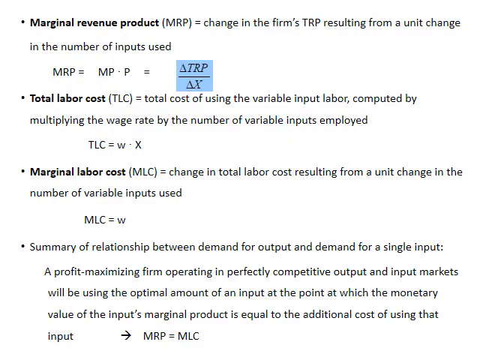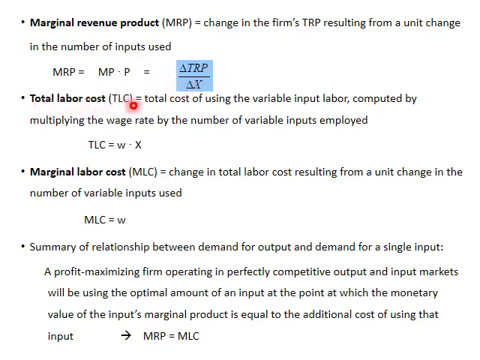Now let us see marginal revenue product, total labor cost, and marginal labor cost. Marginal revenue product is equal to the change in the firm's total revenue product resulting from a unit change in the number of inputs used, or mathematically, the change in total revenue product over the change in the inputs.